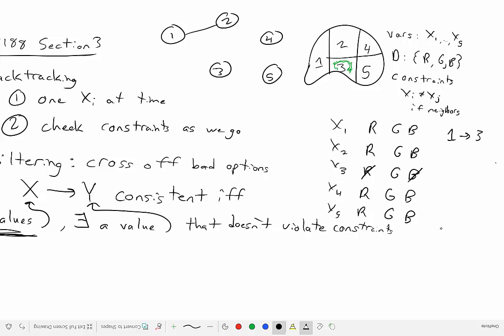That means they have a constraint between them. 1 and 3, 2 and 3, 4 and 2, 4 and 5, and 3 and 5. So now that I'm considering 3, I add all arcs that point to it. So 1 to 3, 2 to 3, and 5 to 3.